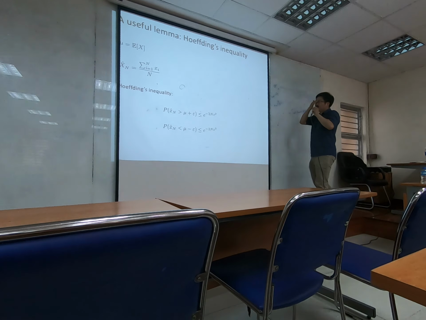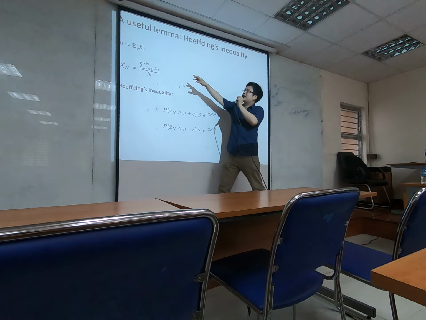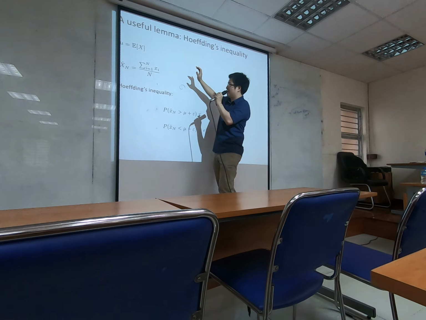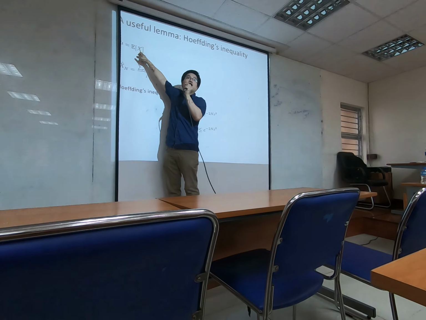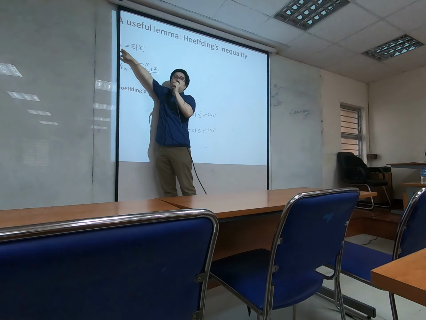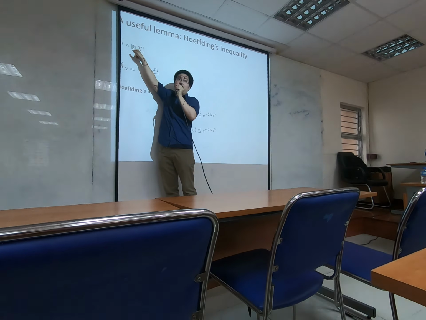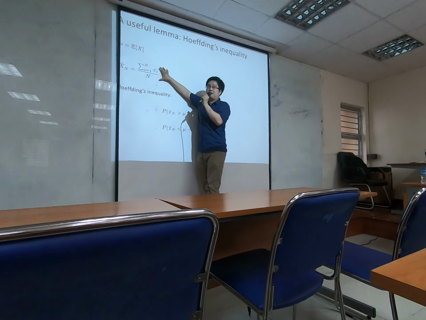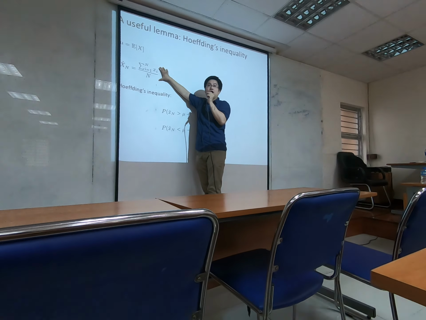So this is an expected value, just a general definition. X is a random variable, and mu is its expectation, the expected value of that random variable. This is the empirical average, the empirical mean.